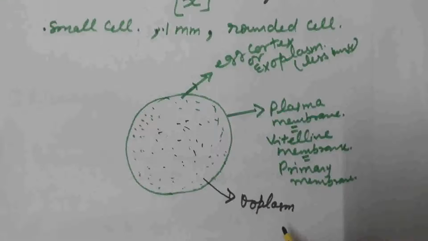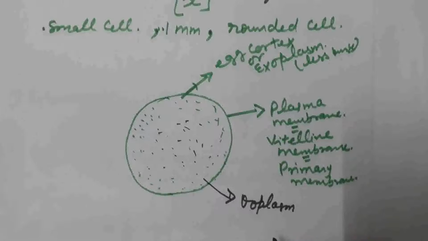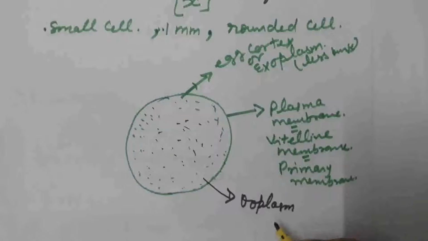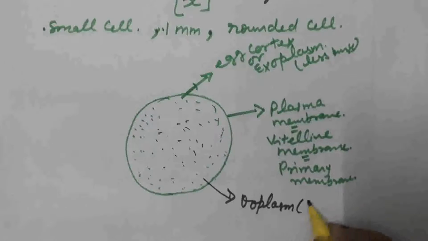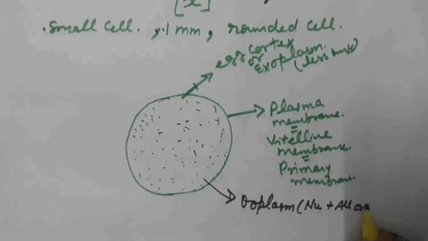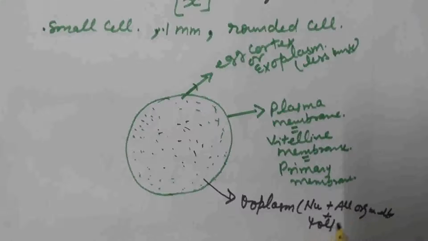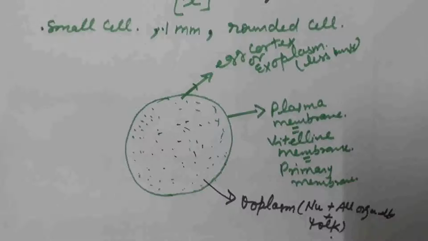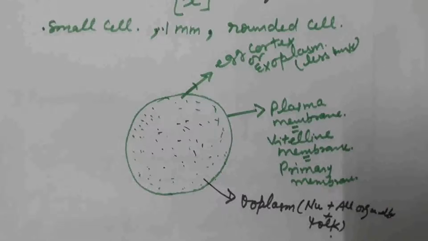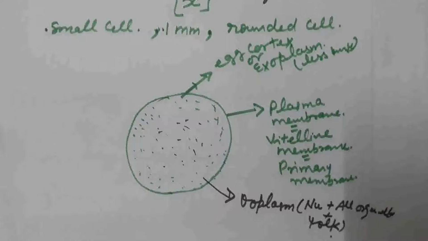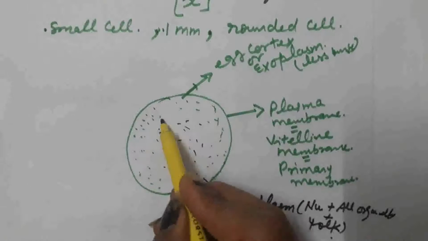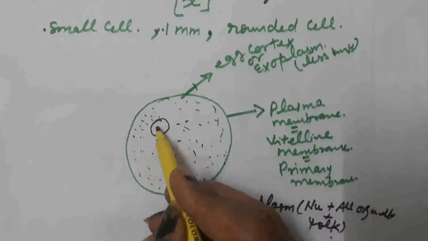Inside the ooplasm are present the nucleus, all organelles, and the nutritive material yolk. The nucleus present in the ooplasm is eccentric in position.